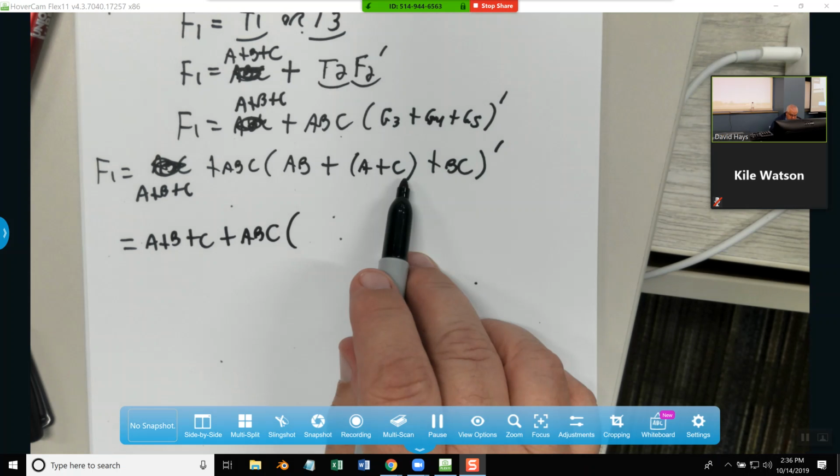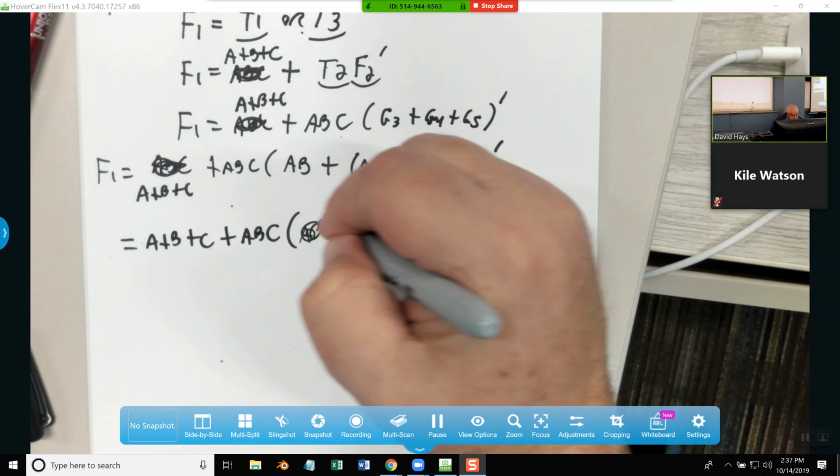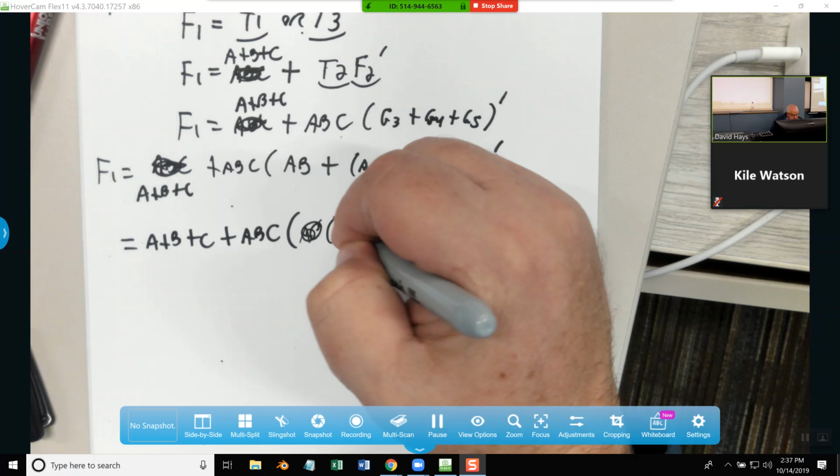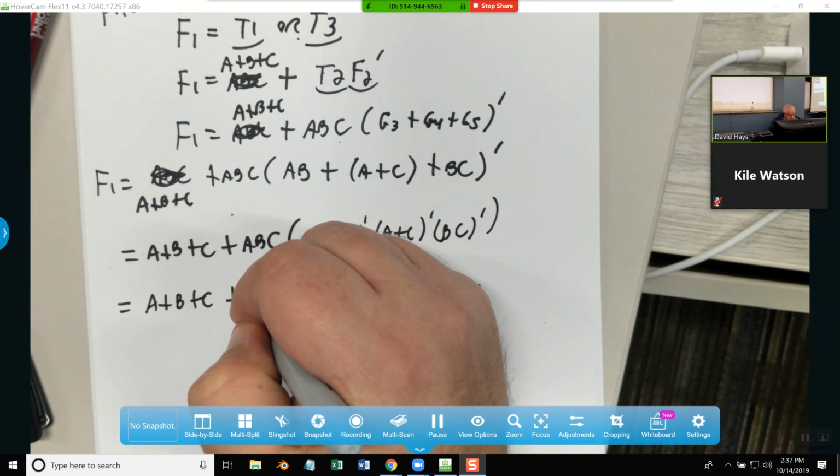And then this, from De Morgan's law again, says that's going to become B prime or C prime. Let's see, A or B or C.